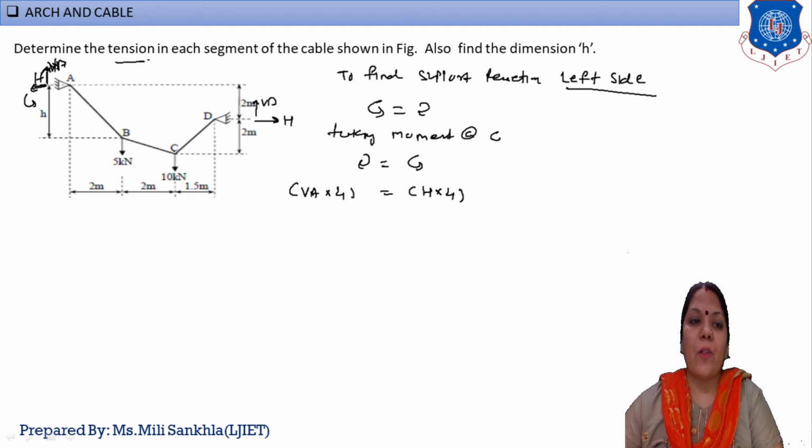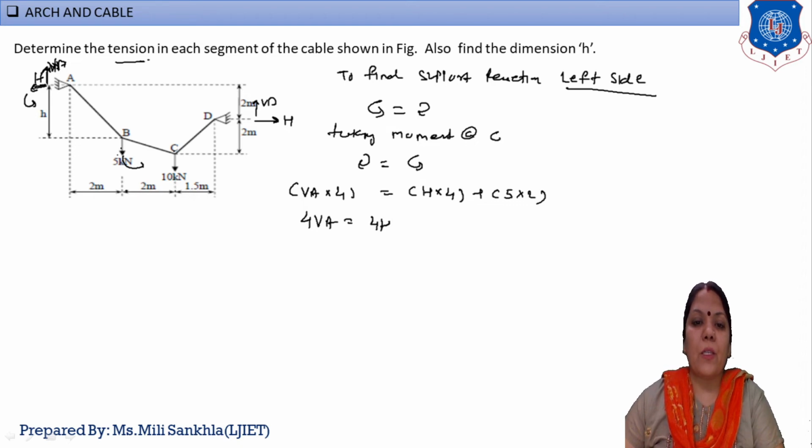And the 5 kN load at point C also rotates anti-clockwise, with distance equal to 2 meter, so 5 into 2. Now our answer is: 4 VA is equal to 4H plus 5 twos are 10. This is our first equation.